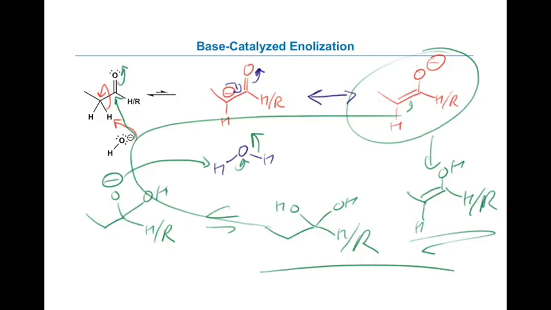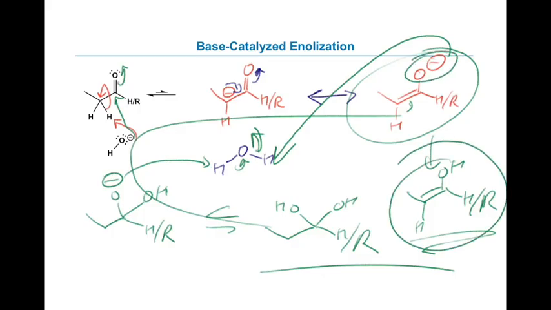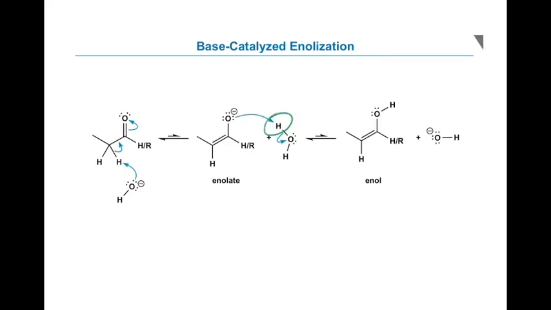I wanted to use it as a carbanion. Oxygen minus picks up that proton to here to form this new OH to make my enol. Yeah, thanks for that. I was trying to use it as a carbanion. So these are how, under the acidic or basic conditions, you can get to this kind of enol structure. This is how we move back and forth.